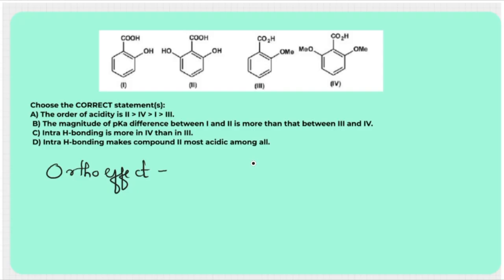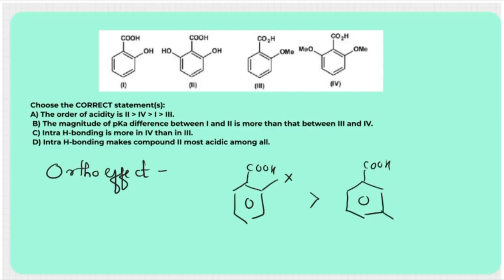So, what is the ortho effect? The ortho-substituted benzoic acids are always stronger than benzoic acid itself or any other meta or para-substituted benzoic acid. Regardless of whether the substituent is electron withdrawing or electron donating, it will always be more acidic than the corresponding meta or para substituent groups.